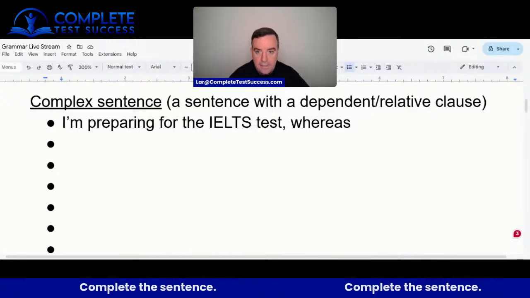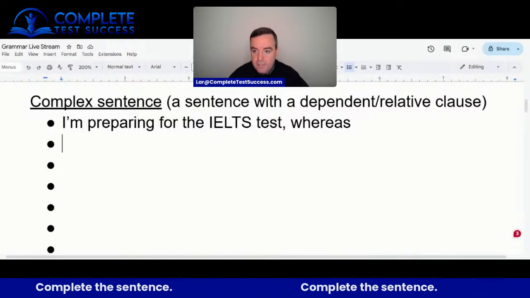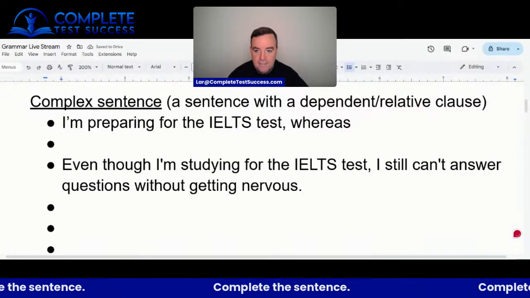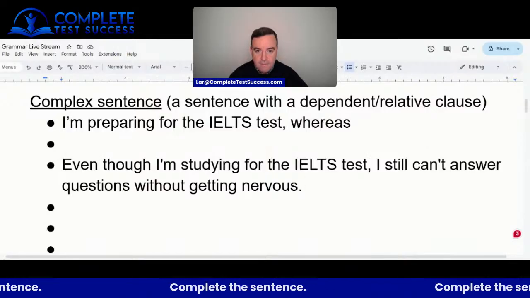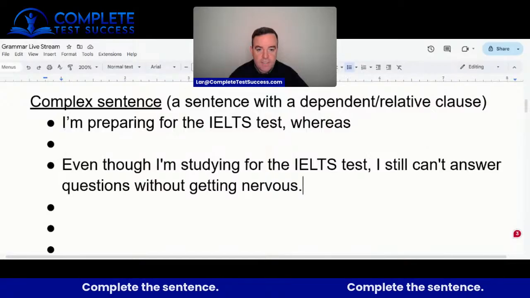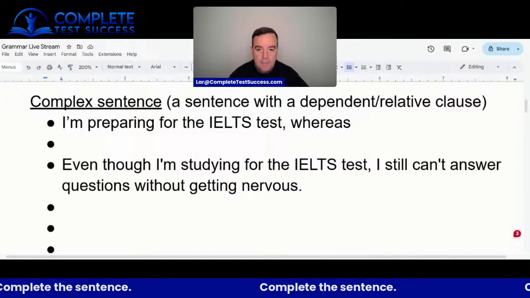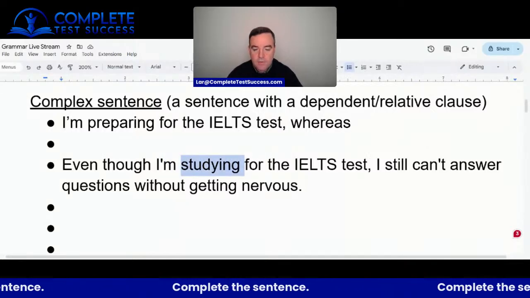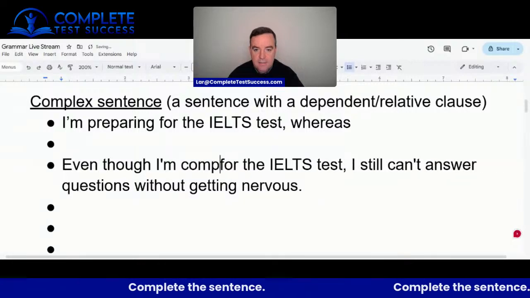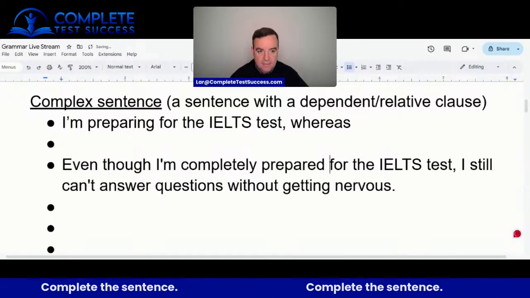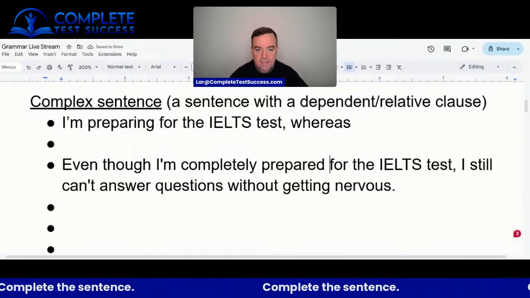Okay, so I have Lewis here. Even though I'm studying for the IELTS test, I still can't answer questions without getting nervous. Why would studying for the IELTS test stop you from getting nervous? I'm going to change this. It would have to be, even though I'm completely prepared for the IELTS test, I still can't answer questions without getting nervous.